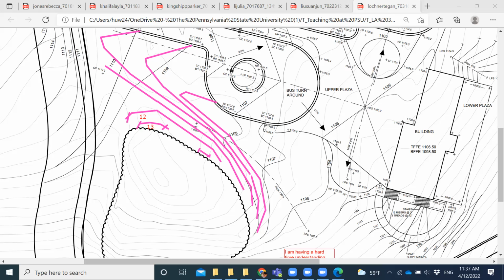If we say the first bioretention is over here, we'll need to modify the pink a little bit later after scoping out those. So that's 8, 7. Seven goes here.